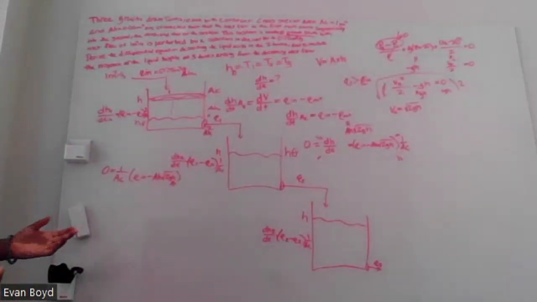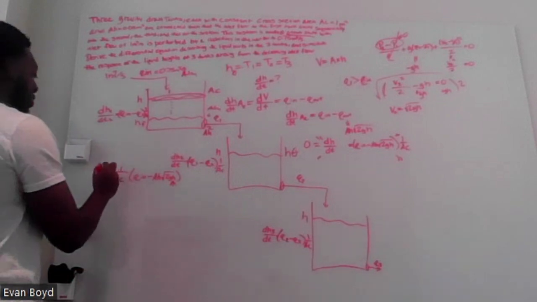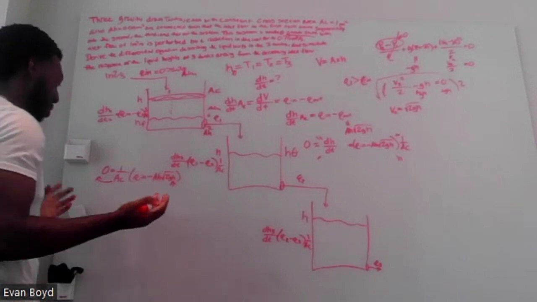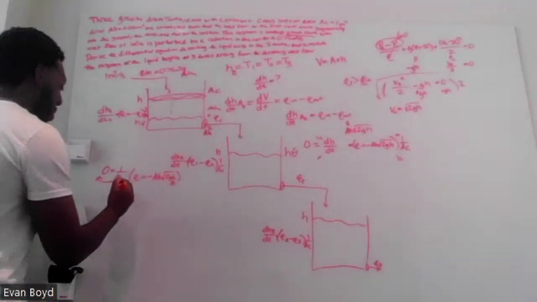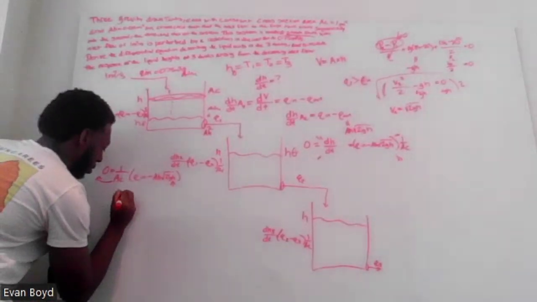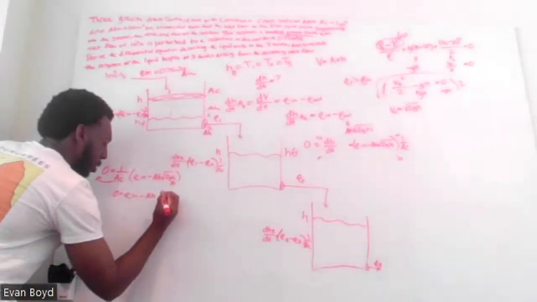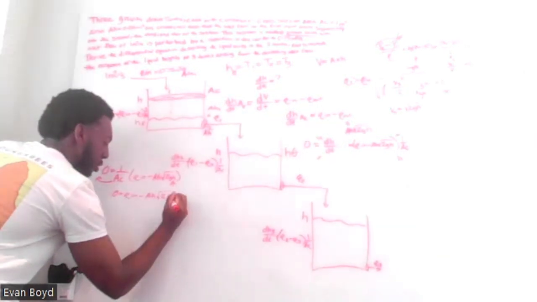Let's do more algebra. We can easily solve this. So you want to move the cross-sectional area to this side to go equal to 0, because 0 times anything will be 0. So now you have 0 is equal to Qn minus the area of the hole times the square root of 2gh. Move this whole section to this side.